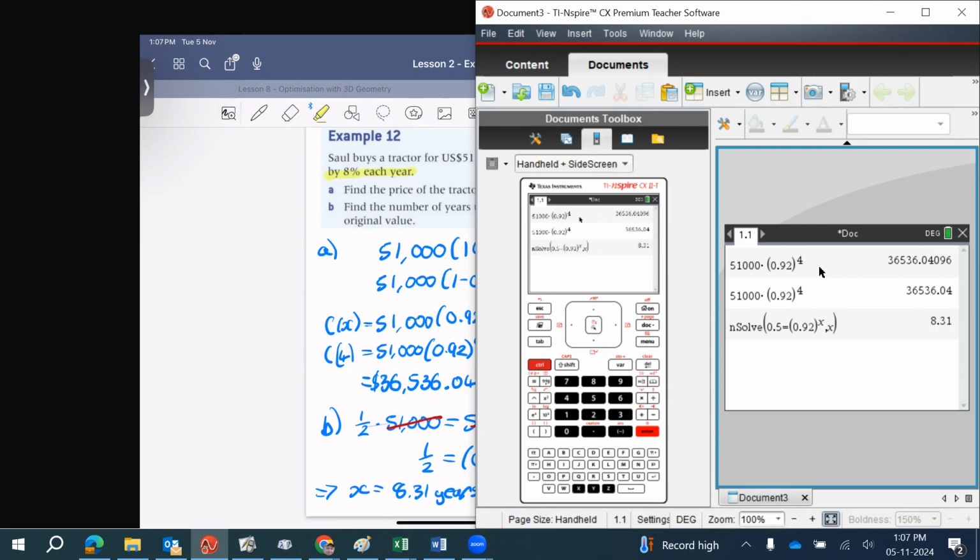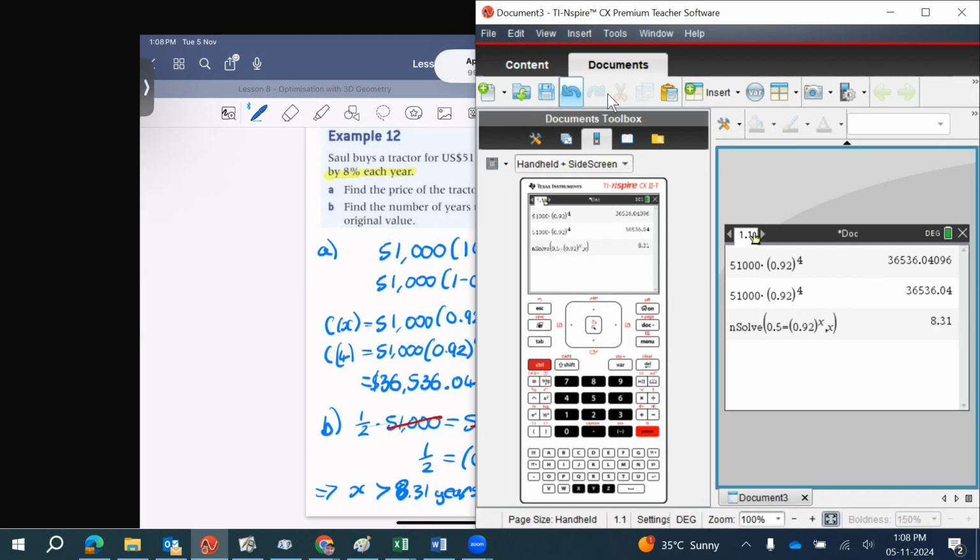So do we want 8 years or 9 years? 9. We want a value which is bigger than 8.31, so x is equal to 9 years. Then it is more than halved.